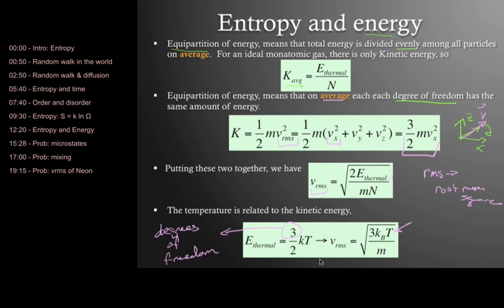We can plug this into E_thermal and get that v_rms is equal to the square root of 3 k_B T, where k_B again is Boltzmann's constant, divided by an individual particle's mass. So this is just one particle mass.